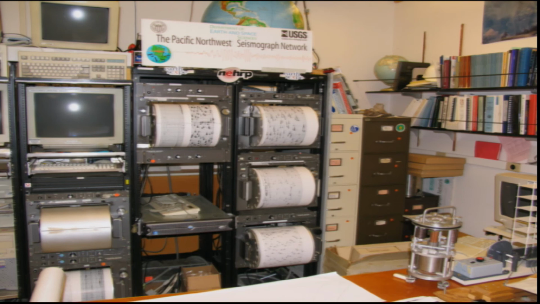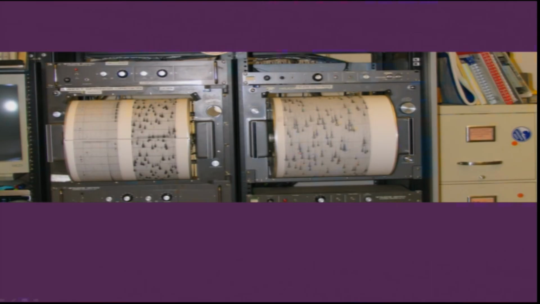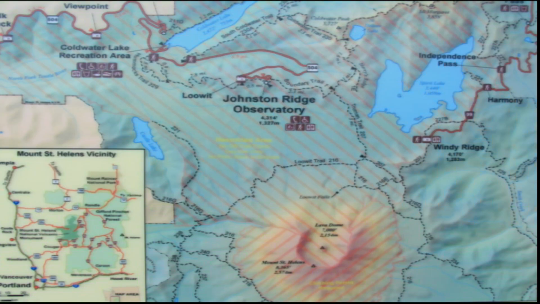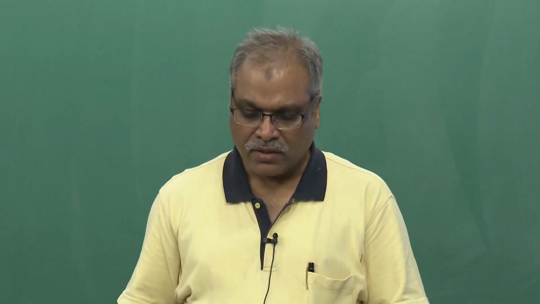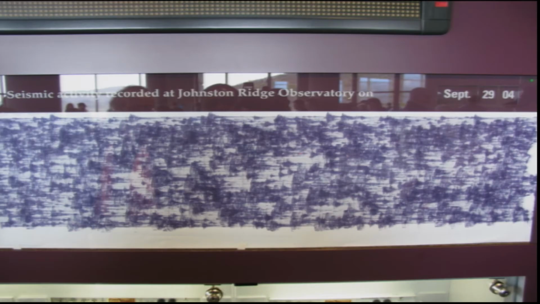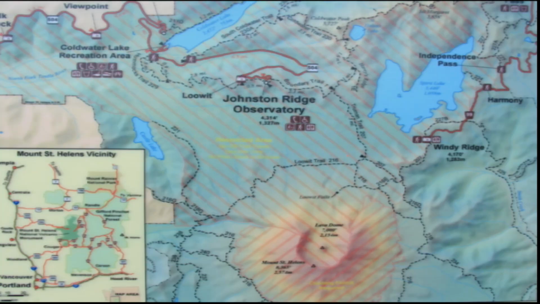Okay, so continuous monitoring is done of the earthquakes which are occurring. So this is the same close-up picture of that one. And as we discussed when we were talking about igneous rocks, this is a seismogram from the Johnston Ridge Observatory at Mount St. Helens.